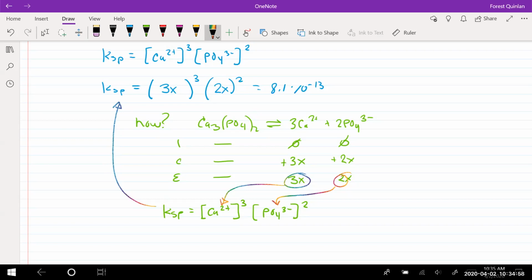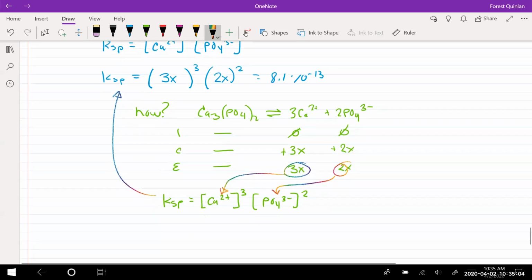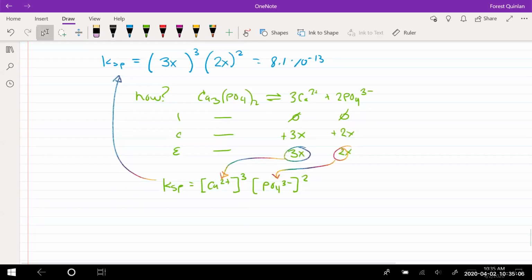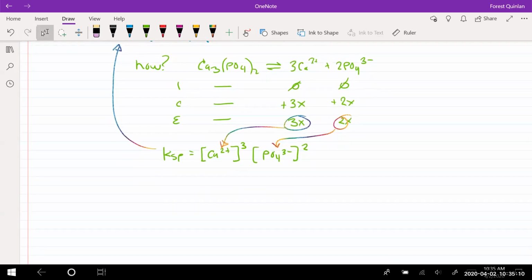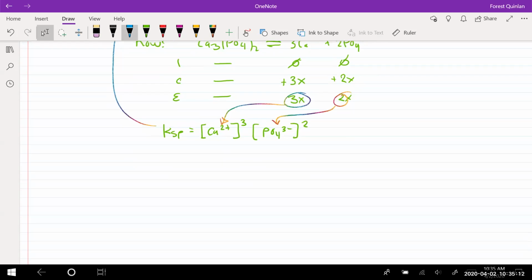Are you okay now, Celeste? Yeah. Chef? Okay. So now what we have to do is do this. 3x cubed and 2x squared gives us a whopping 108 x to the 5th. So we have 108 x to the 5th is equal to that 8.1 times 10 to the negative 13.